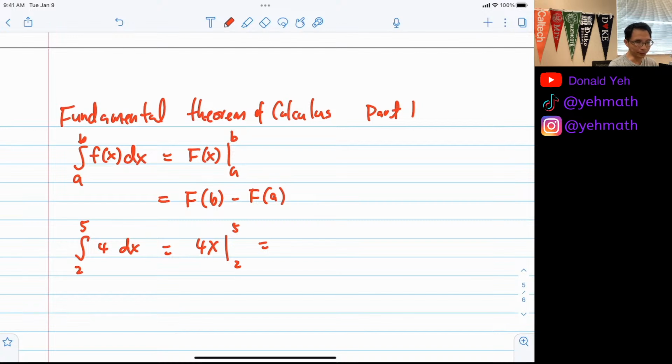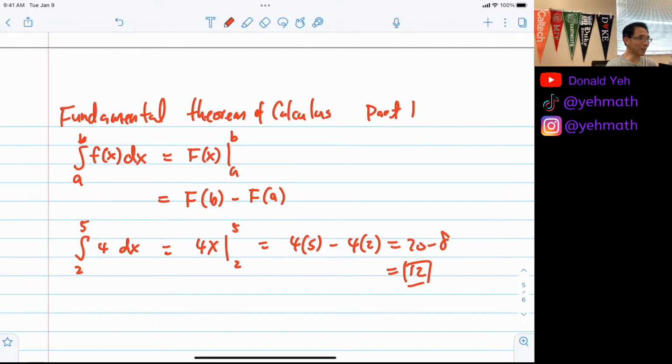Sorry, 12, right? So then it's going to be 4 times 5 minus 4 times 2. That's equal to 20 minus 8, which is 12. So if you do it geometrically, I would have got 12, and if I did it arithmetically, I would have got 12.